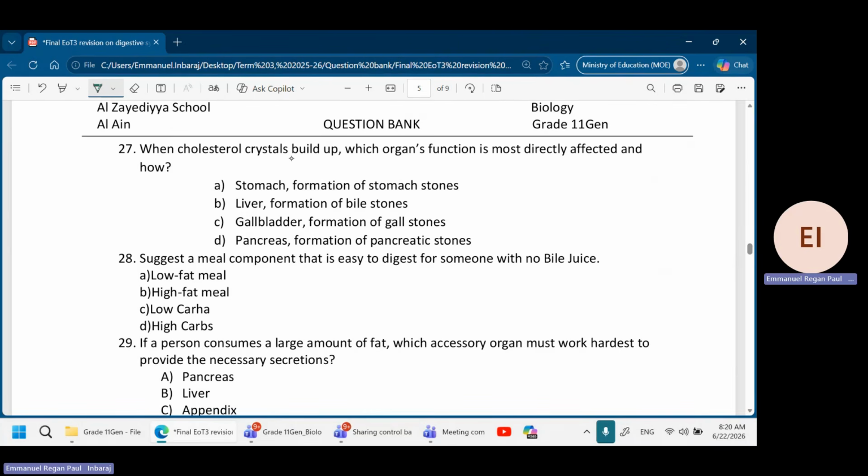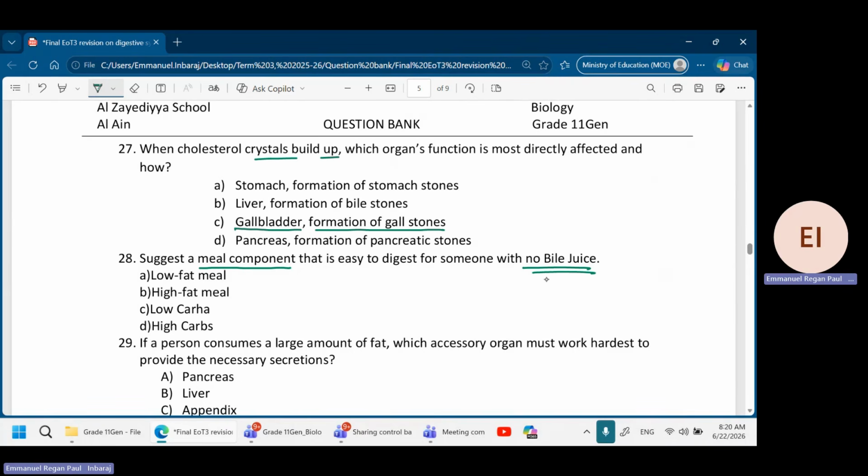When cholesterol crystals build up, which organ function is most directly affected? When the cholesterol crystals build up, that means gallstones build up, and the gallbladder will be affected by the formation of gallstones. Suggest a meal component that is easy to digest for someone with no bile juice.